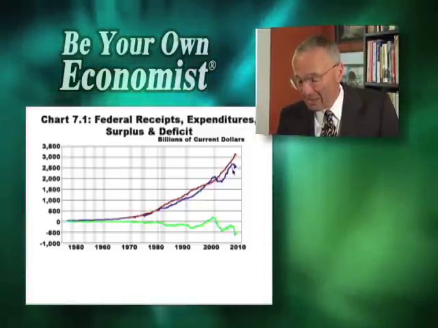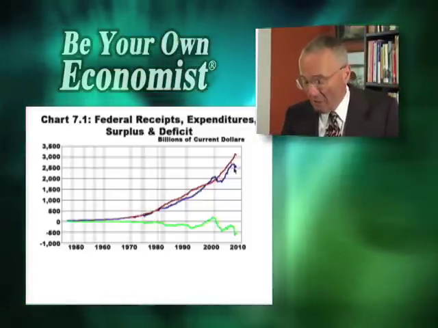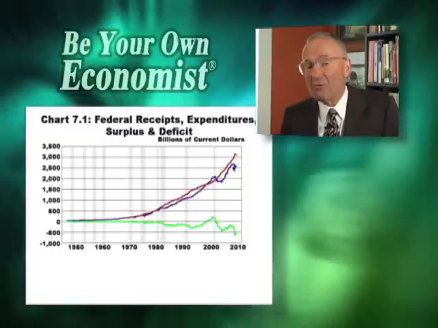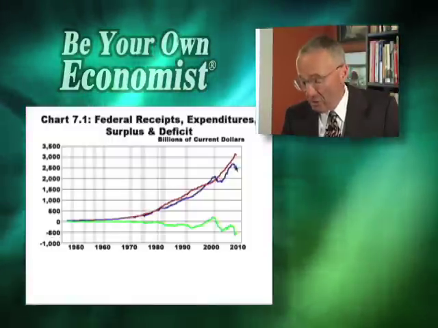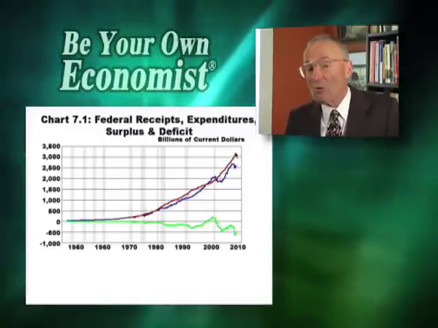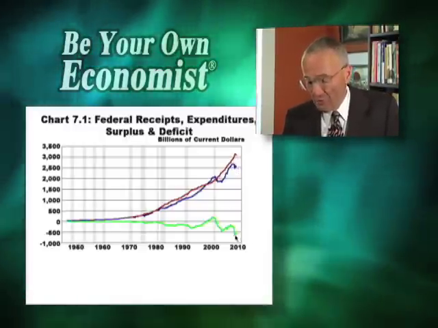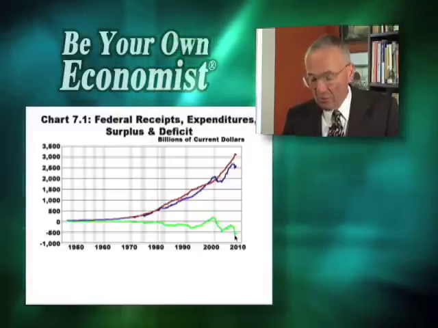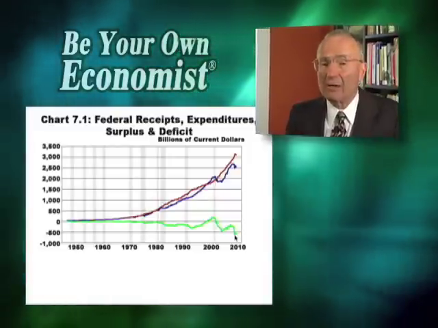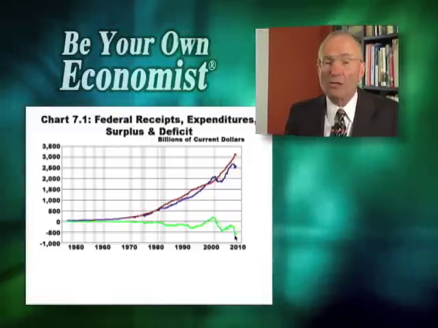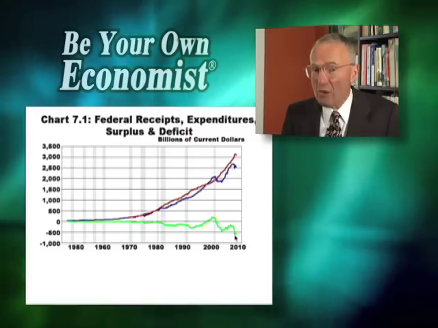Well, the tax cuts and the recession itself clearly have reduced federal revenues. So expenditures going north, revenues heading south. Sure enough, you can see the federal deficit getting larger and larger. Now, what does federal deficit mean? Federal deficit means more federal borrowing.